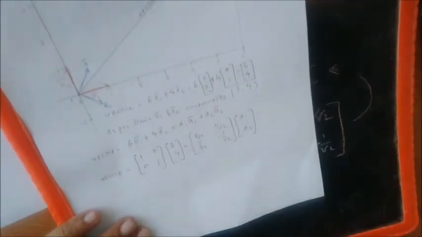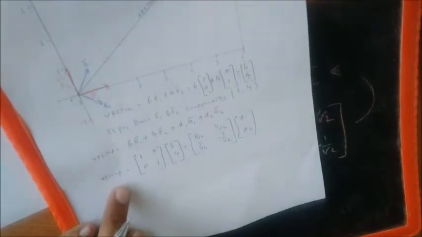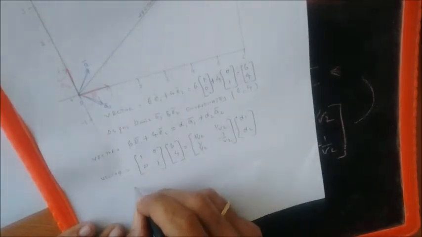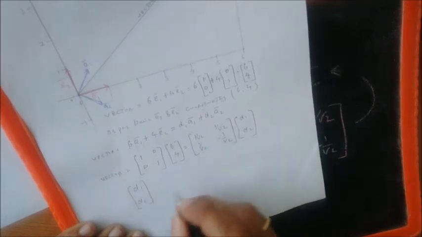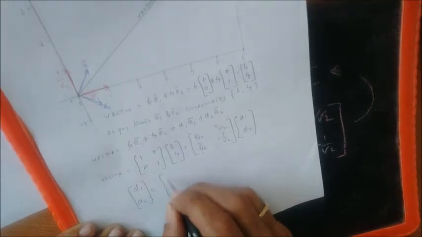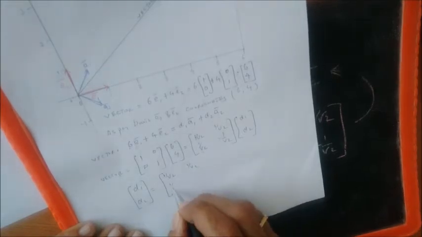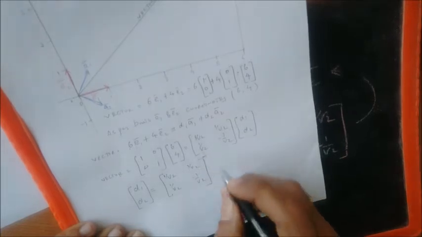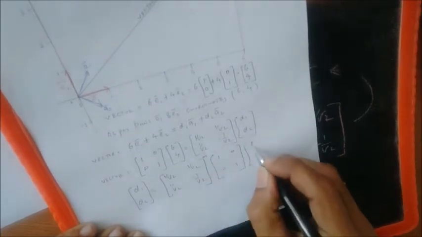And in this relation, if you multiply from this side with the inverse of this matrix, you will get d1 and d2. So I can now write d1, d2, the coordinates of the vector as per the new basis, as the inverse of the matrix [1 by root 2, 1 by root 2; 1 by root 2, minus 1 by root 2] times [1 0; 0 1] times [6 4].